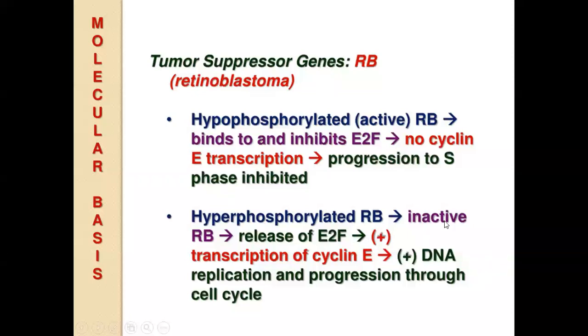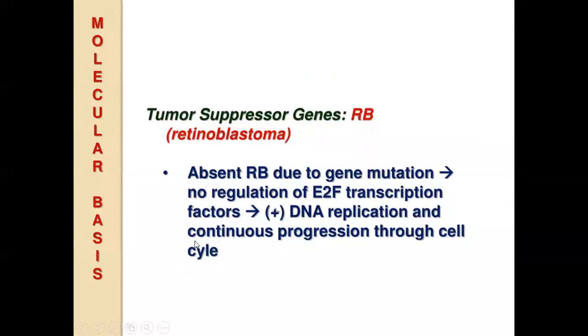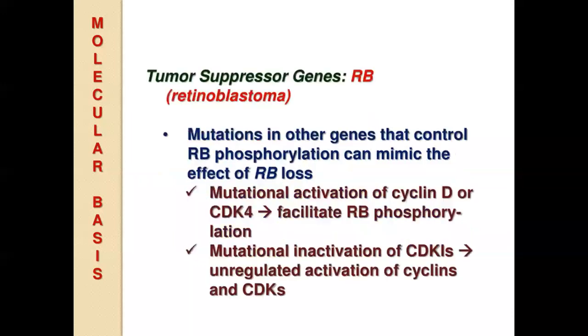Hyperphosphorylated RB, which is the inactive form of RB, leads to the release of E2F, and there is transcription of cyclin E with DNA replication and progression through the cell cycle. With absent RB due to gene mutation, there is no regulation of E2F transcription factors, and DNA replication and progression through the cell cycle are continuous.